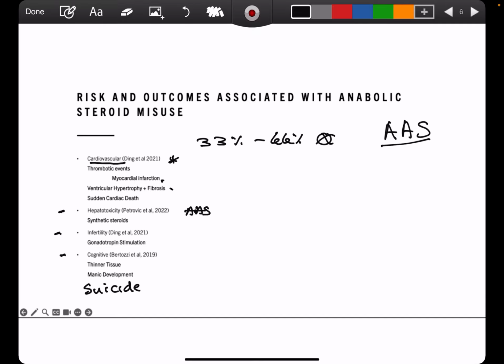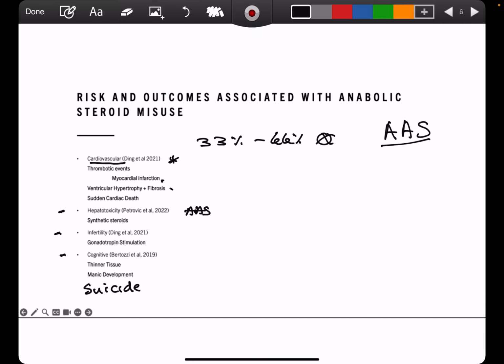And then infertility: the exogenous administration of AAS, depending on the type, if it is a testosterone or the more potent DHT, again feeds back to the hypothalamus to inhibit the production of GnRH, and then at the pituitary, the LH and the FSH.